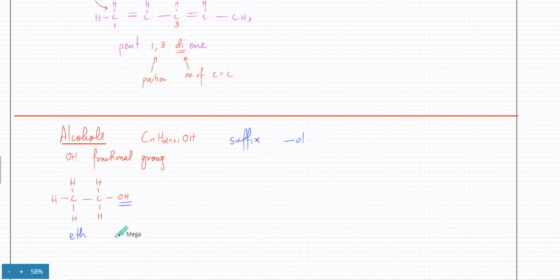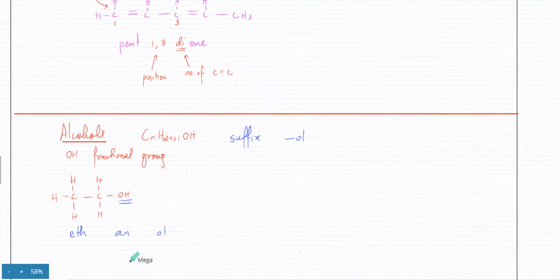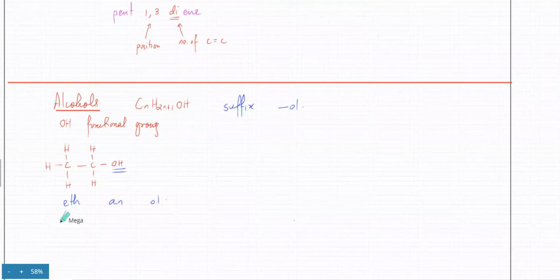There's going to be an 'an' and then an 'ol'. So eth tells you the number of carbon atoms. Ol indicates that there is an OH group, an alcohol group.